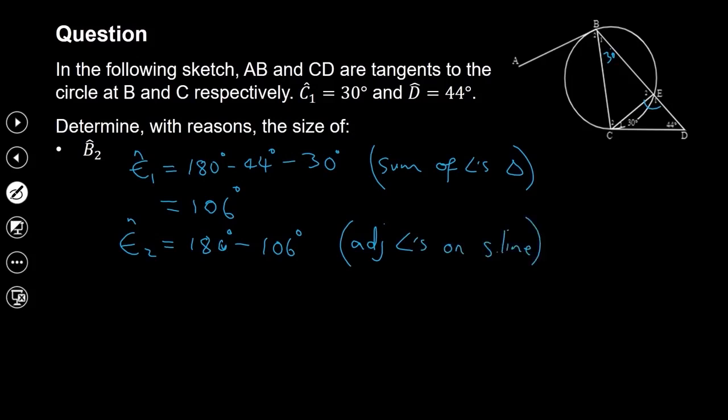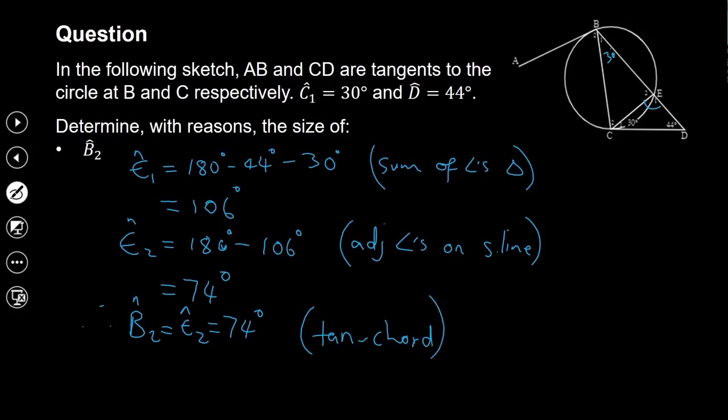You know they add up to 180 degrees, so this will therefore be equal to 74 degrees. Therefore, my conclusion, which is what I wanted to find, my B2 is equal to E2, which is equal to 74 degrees, and my reason will therefore be tan chord theorem.